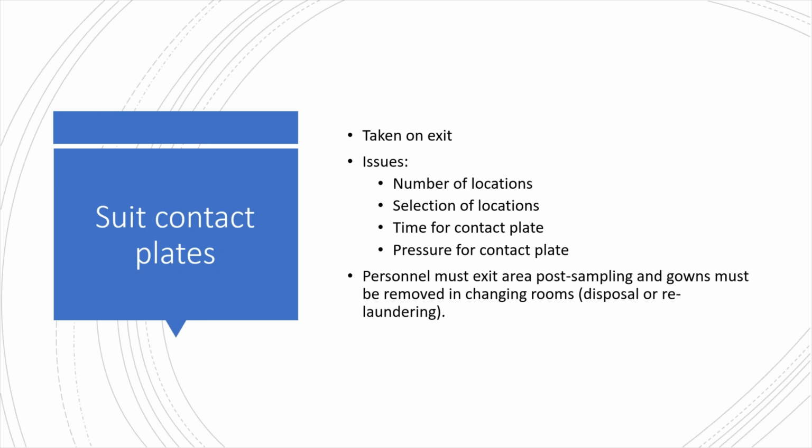These are key decisions that you need to make, and there are no necessarily right or wrong answers, but they need to be embedded into a rationale of some form. It's also important that the gown is removed only in a changing room, not in an exit corridor, because there will be agar residues that can then be deposited, and these can cause contamination problems.